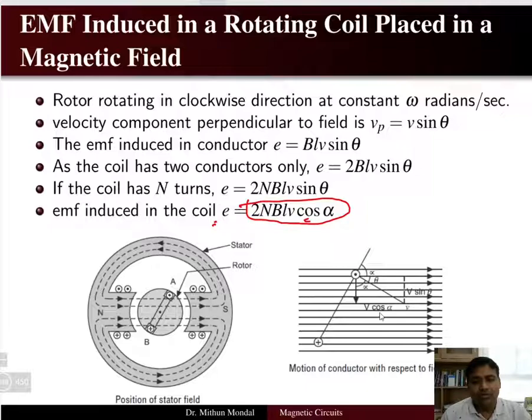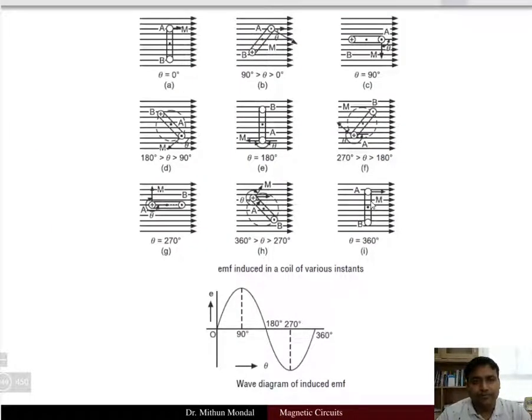Here the velocity of the conductor can be resolved with respect to alpha, so this will be V cos alpha, and here you have theta with respect to the field, so the EMF induced in the coil will be 2n BLV cos alpha.